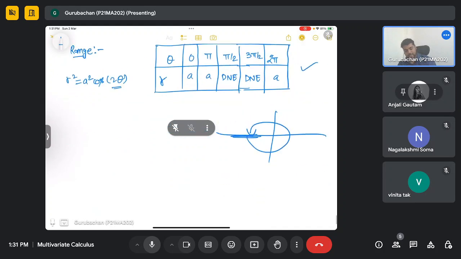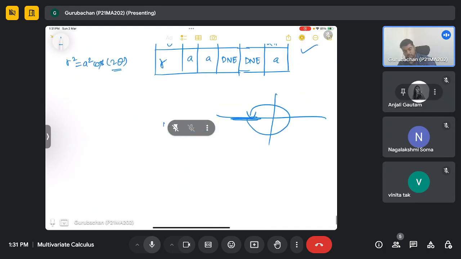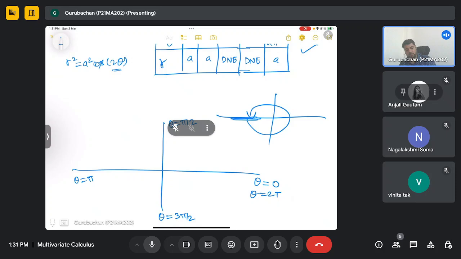Now we know that our curve is symmetric about theta equal to 0, theta equal to pi by 2, and the pole. And we also know where the pole lies, and where we do not have to draw the region. So let us first mention it, then we will draw the curve. Theta equal to 3 pi by 2, and this is again theta equal to 2 pi.